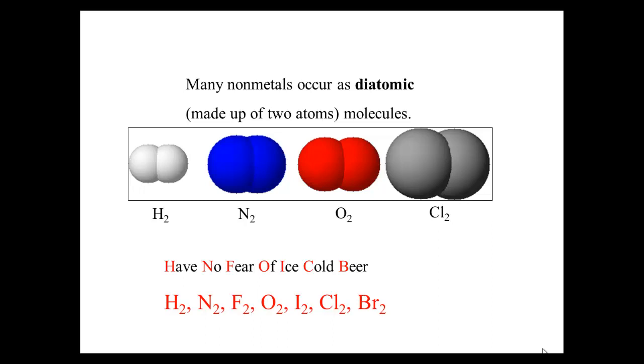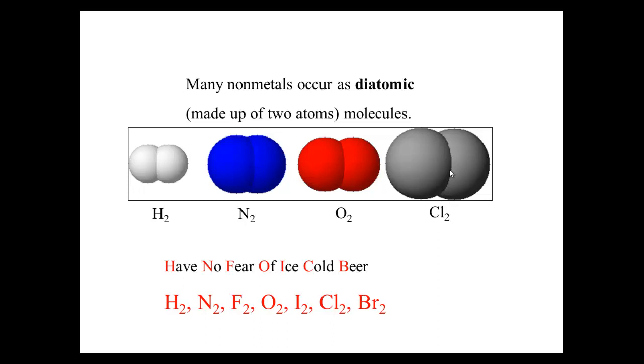So many of the nonmetals that we talked about in the periodic table occur as diatomic molecules. And diatomic just means they're made up of 2 atoms. So for example, hydrogen typically in nature is two hydrogens. It doesn't usually float around just by itself. It usually is bound to another hydrogen. Same thing with nitrogen. You have 2 nitrogens or 2 oxygens or 2 chlorines.